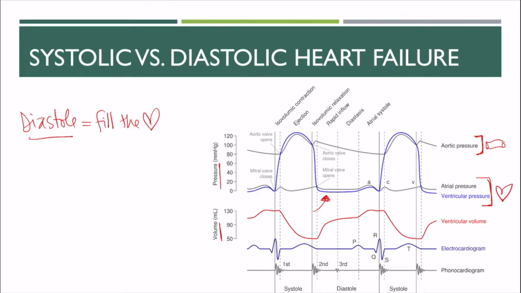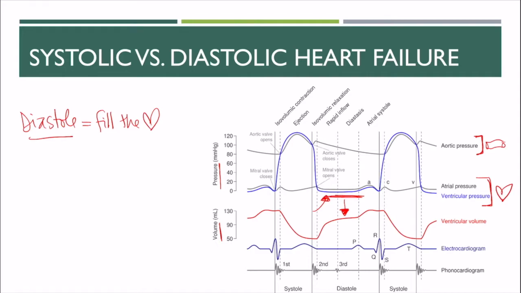It's just a saggy bag sitting there, letting blood enter it. There's almost zero pressure because the pressure in the heart has to be lower than the pressure in the veins. Blood will always move from an area of high pressure to low pressure. So if the pressure in the heart is higher than the pressure in the veins, the heart does not fill. So during diastole, the pressure in our heart is almost zero, which is what allows the volume to increase over time.